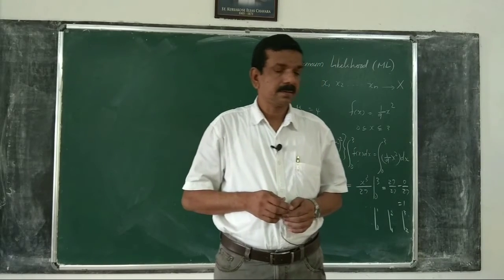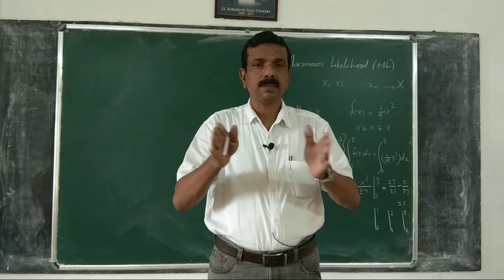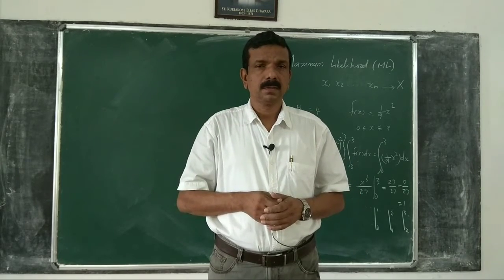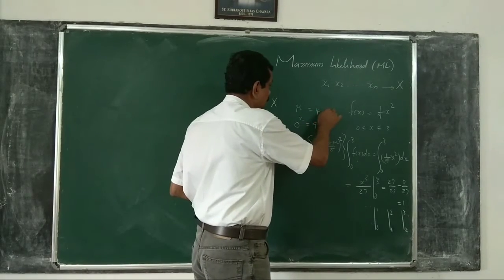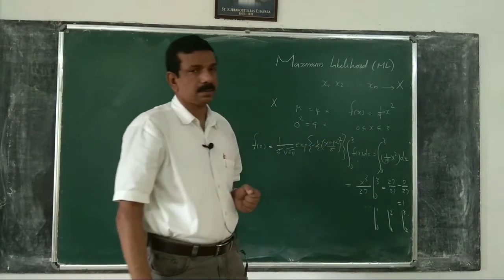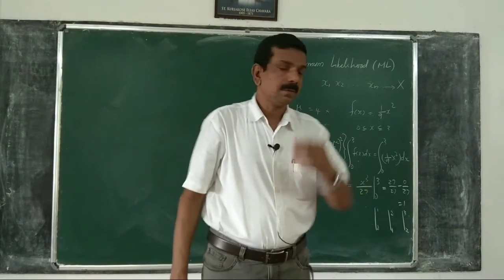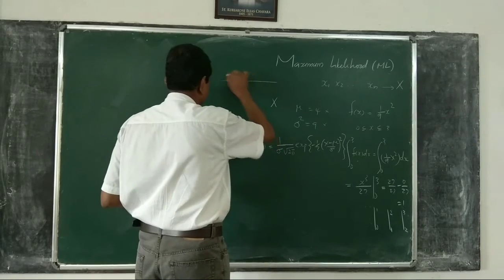Now assume that x is normally distributed, but we do not know the parameters. As an example, x is the height of the population.